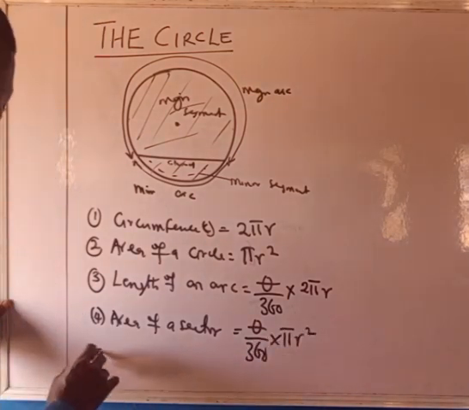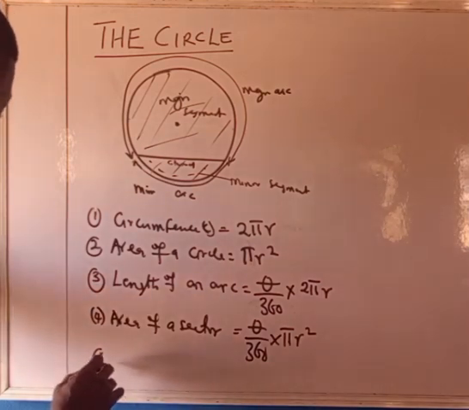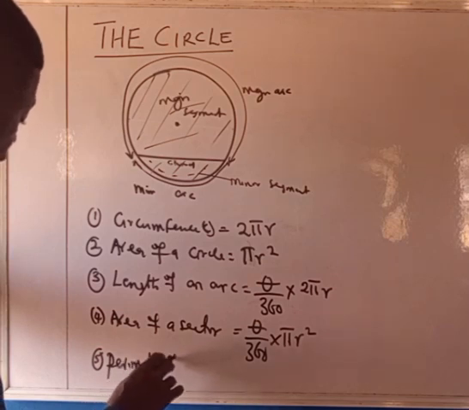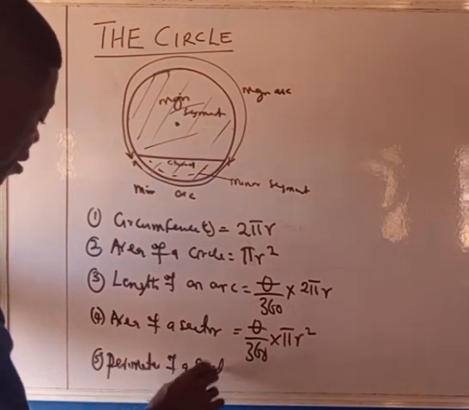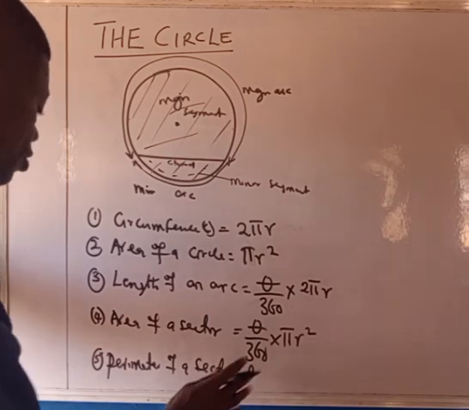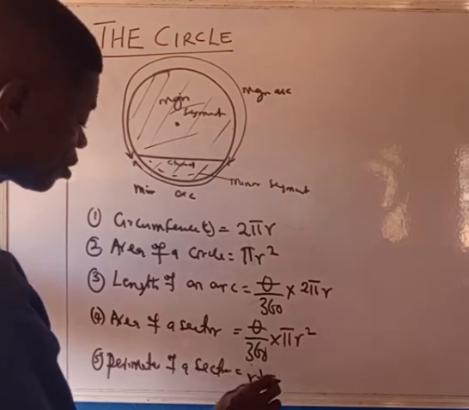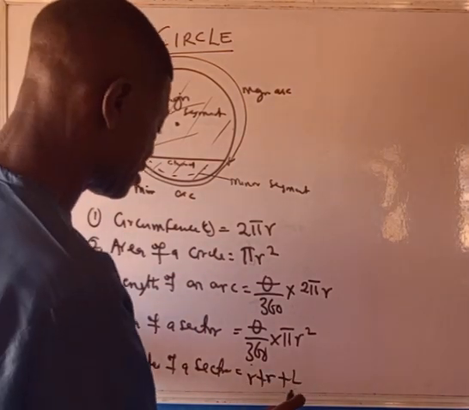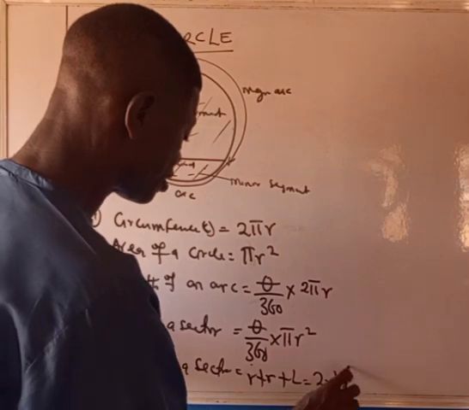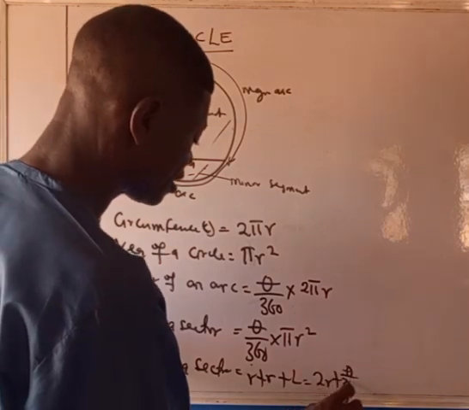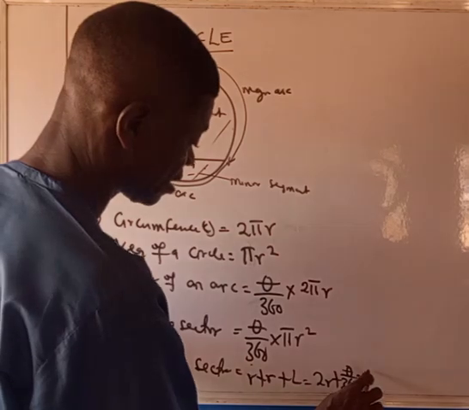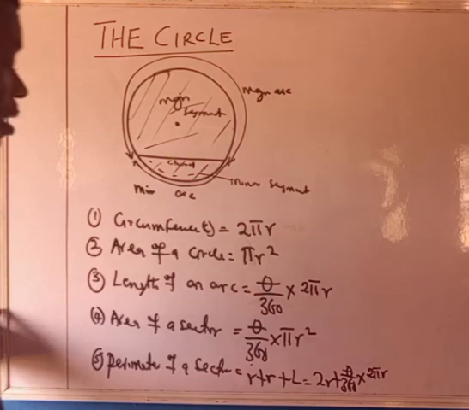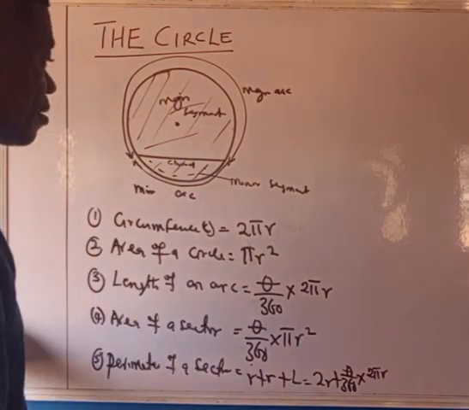Number five is the perimeter of a sector, which is radius plus L, which we write as 2 radius plus theta over 360 times 2 pi r, because our L is the length of the arc.